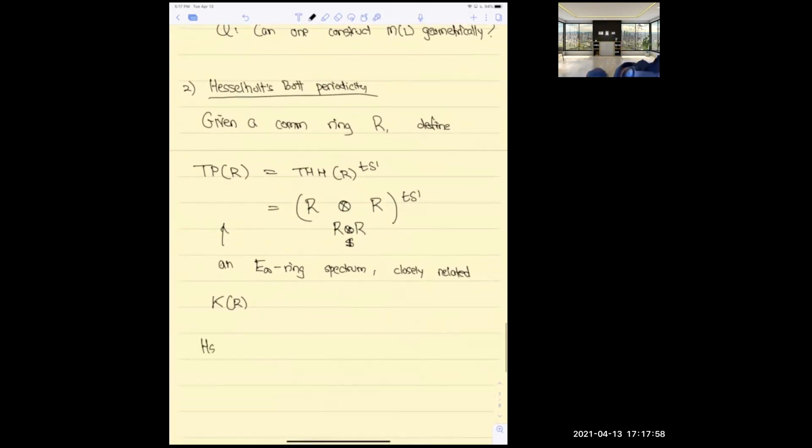So what Hesselholt proved is the following. He computed what the homotopy groups are of TP of O_C. And what he observed is that you get the ring A-inf out of it, except you get a two-periodic version of it: A-inf adjoin u, u inverse, where the degree of u is 2.